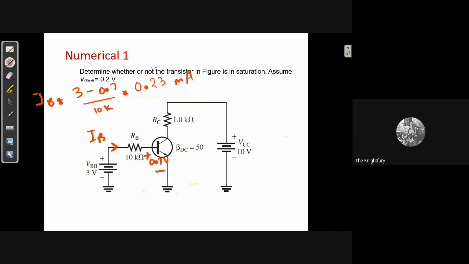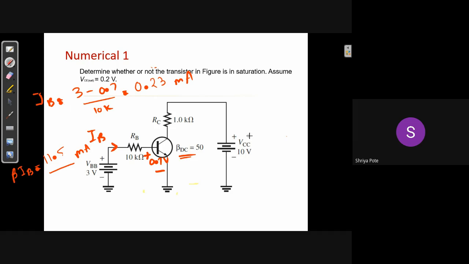And what is beta times IB? Just multiply this by 50, because beta DC is given as 50. So 50 multiplied by 0.23, how much is it? 11.5 milliamperes, right?